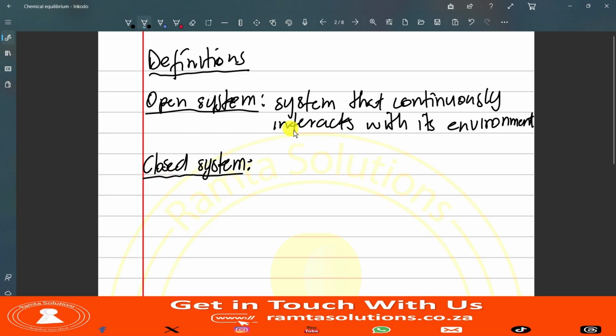So what is this one here? This is a system that is isolated from its surrounding.